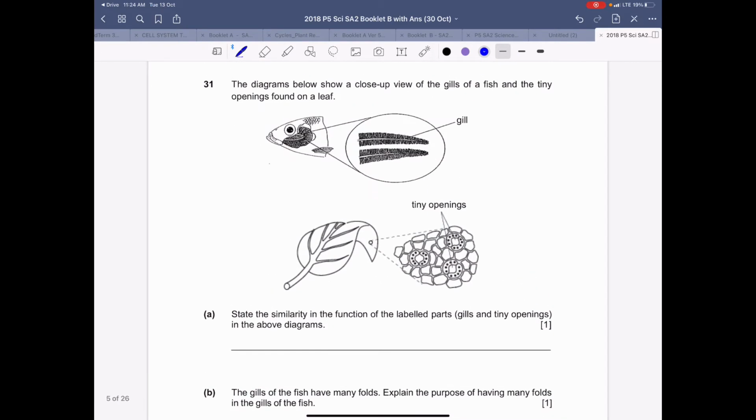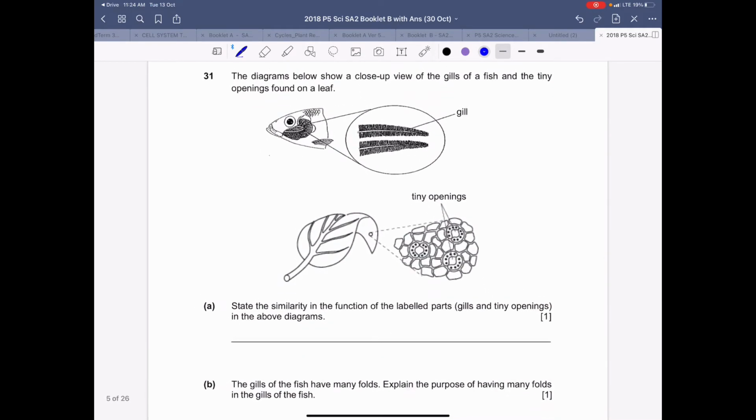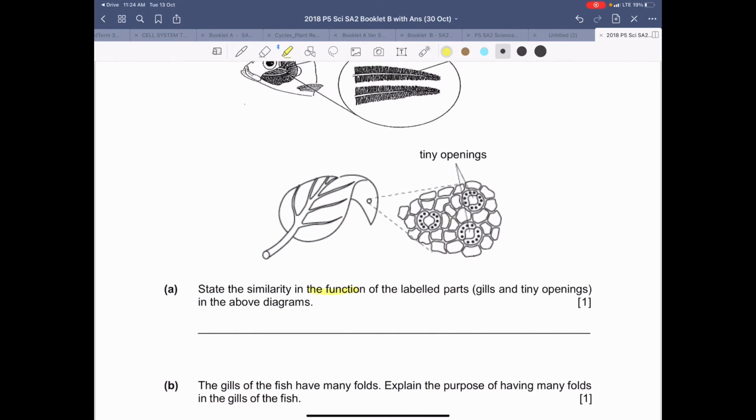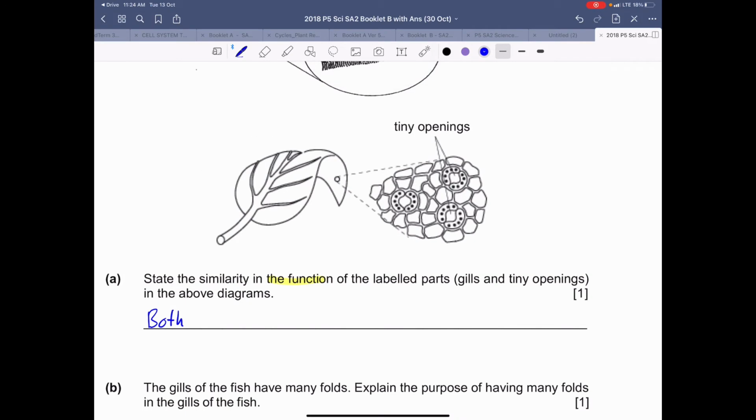Alright, the diagrams below show a close-up view of the gills of a fish and the tiny openings found on the leaf. State the similarity in the function. Now I want to stress this. The function of it is for gaseous exchange. I mean there are other functions. For example, the stomata has other functions.